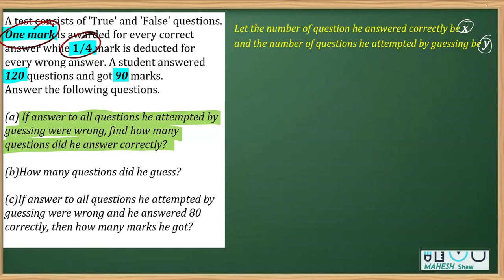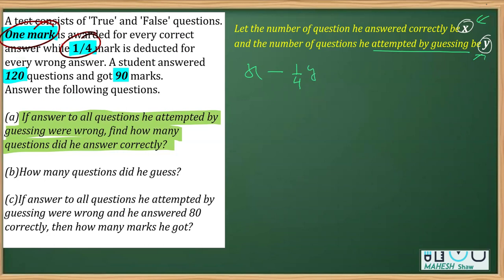Let's say 1 multiplied by X. 1 mark is given for every correct answer and he has X correct answers, so it should be 1X, which we write as X only. But marks are deducted, that's why I placed a minus. And how much? 1/4 mark, that is 0.25 marks, is deducted for wrong answers, and there were Y wrong answers.